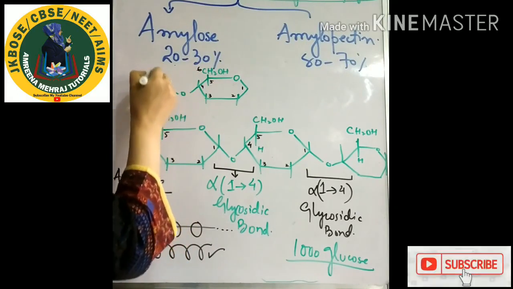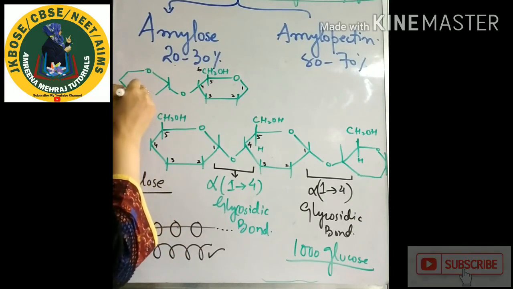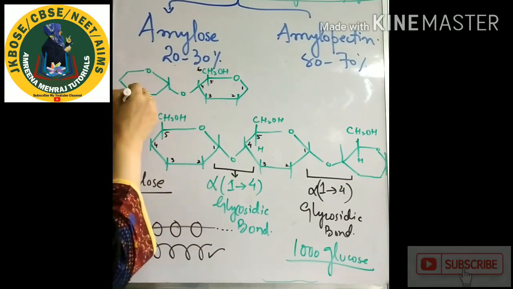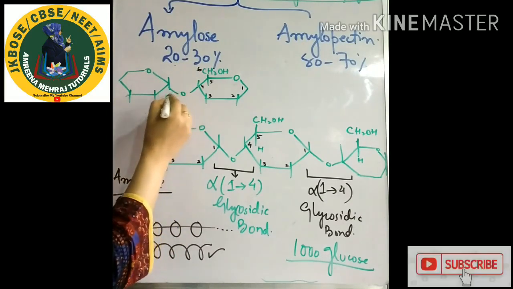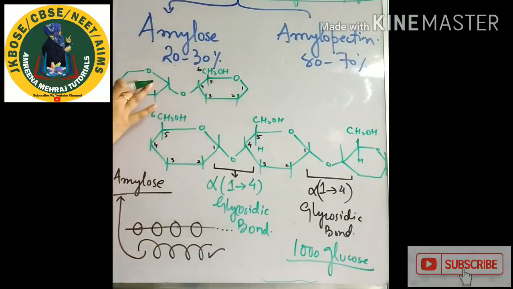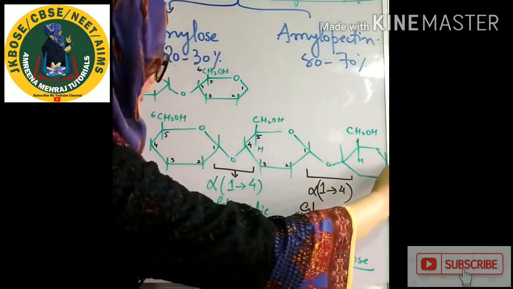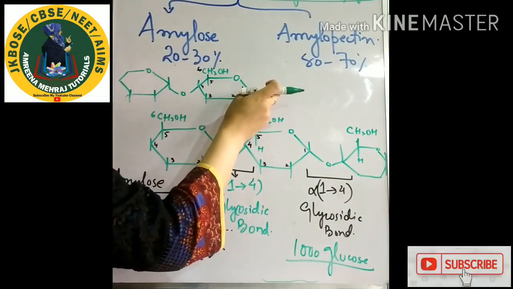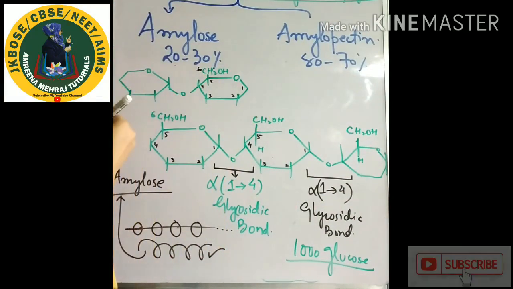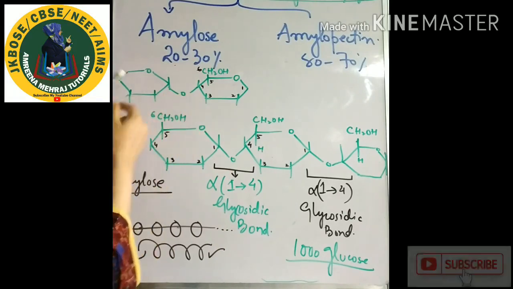Okay, so this is like this. What I mean to say basically, okay. So over here this is also joined to another glucose, that's also joined to another glucose. So you have one amylose chain, you have another amylose chain. Over here this is also 1,4 linkage, okay.